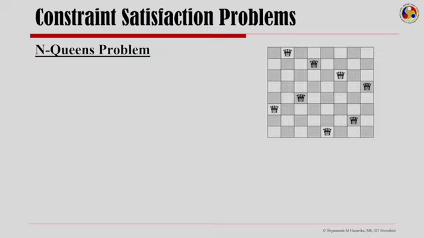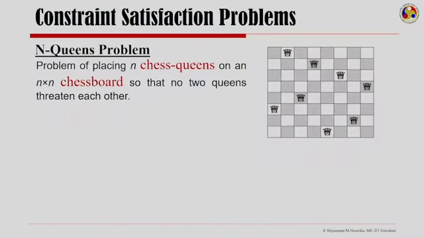Now, let us look at a very popular problem from AI that uses constraint satisfaction problem solving technique, the n queens problem. The n queens problem is a problem of placing n chess queens on an n cross n chess board so that no two queens threaten each other.